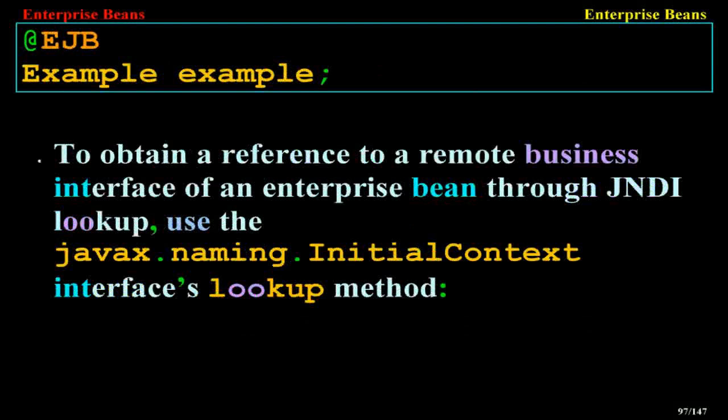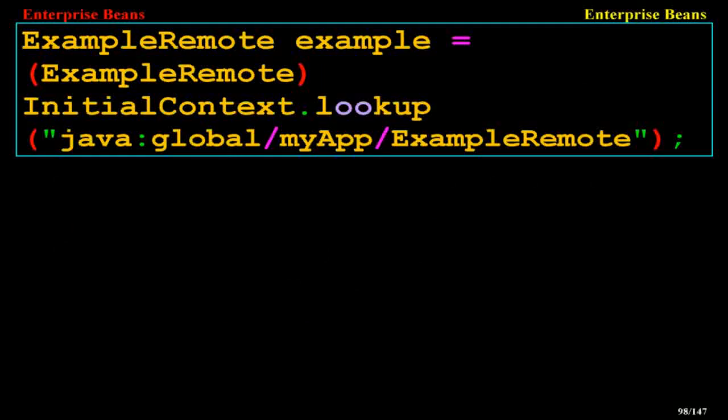To obtain a reference through JNDI lookup, use the javax.naming.InitialContext interface's lookup method. Example example = (Example) InitialContext.lookup("java:global/MyApp/Example").